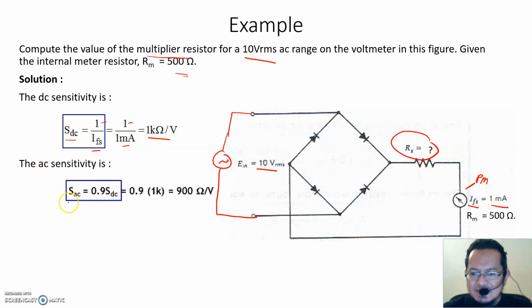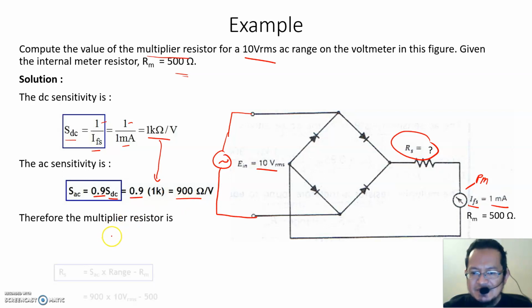The AC sensitivity is 0.9 multiplied by the DC sensitivity. This is only for the full wave rectifier. So 0.9 multiplied by 1 kilo ohm per volt, and you get around 900 ohm per volt.